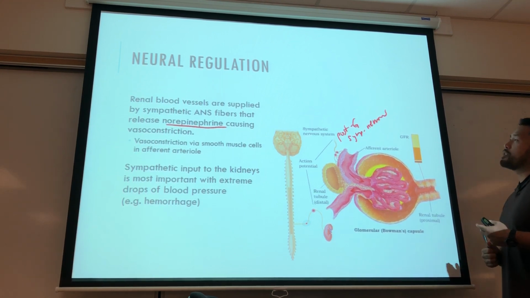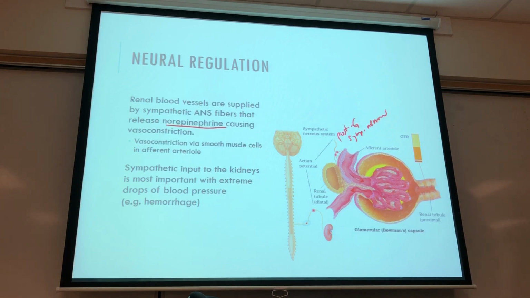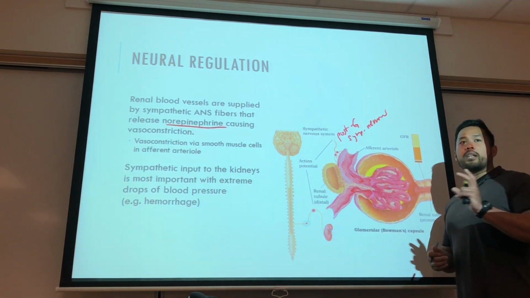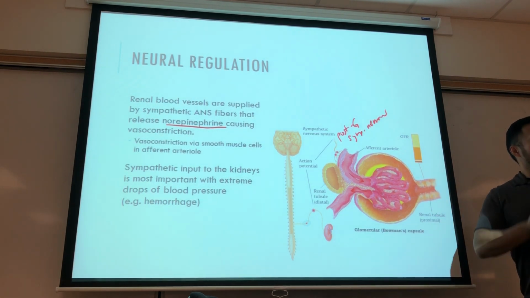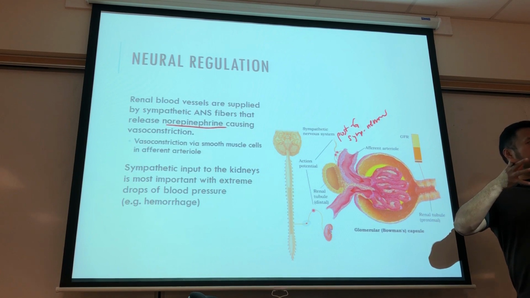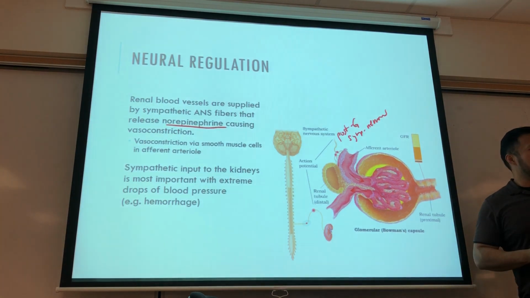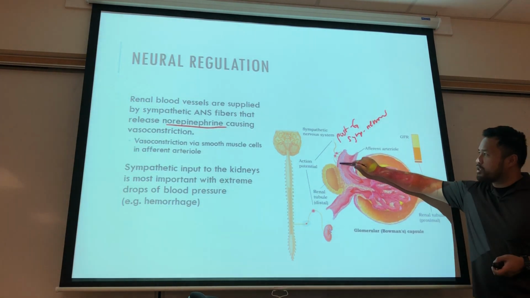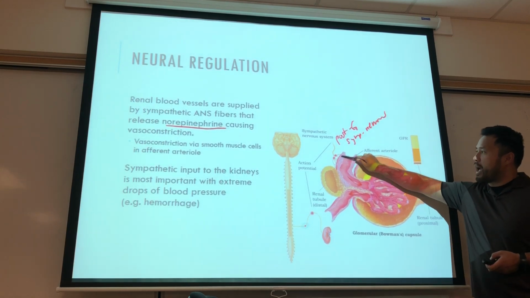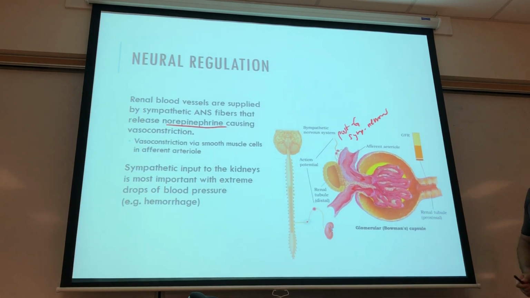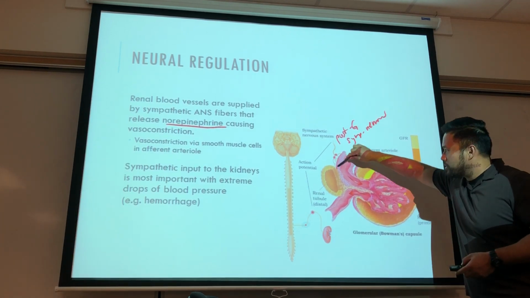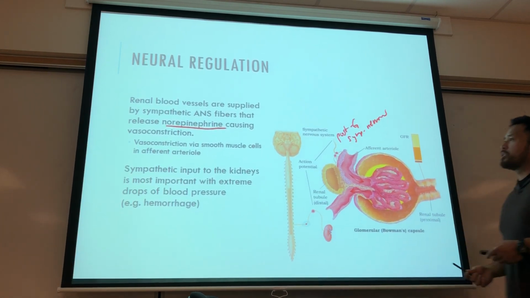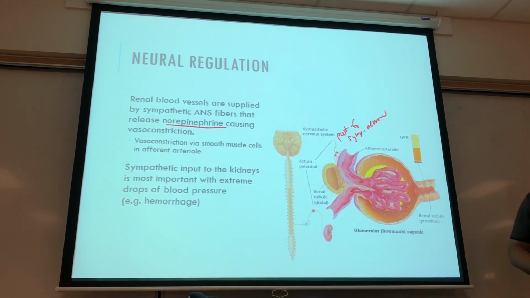When we looked at the adrenergic receptors in the smooth muscle cells surrounding the bronchioles of the lungs, that caused dilation, so relaxation of the smooth muscles. The adrenergic receptors here for the smooth cells, when they're activated, cause contraction. So the contraction that takes place on the smooth muscle cells surrounding the afferent arteriole causes vasoconstriction.